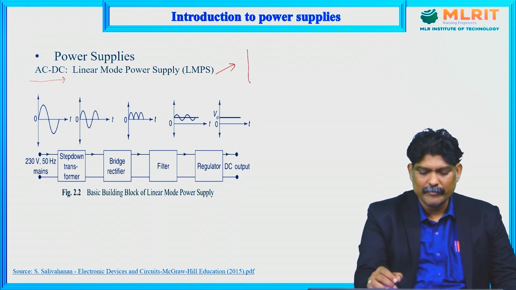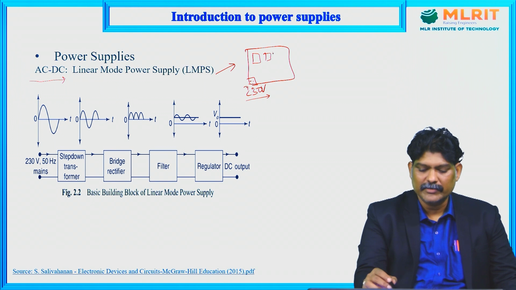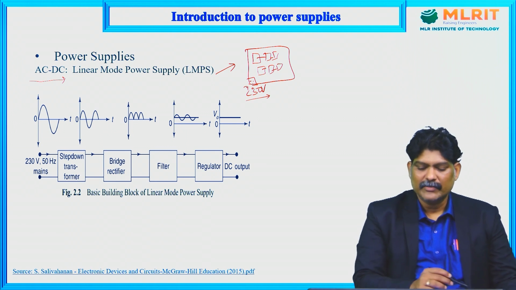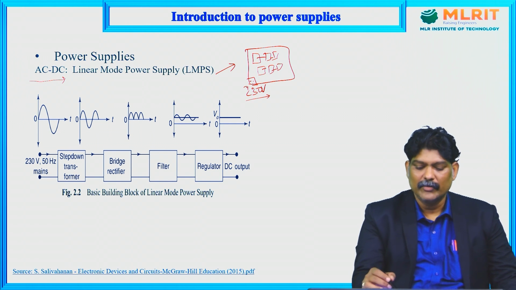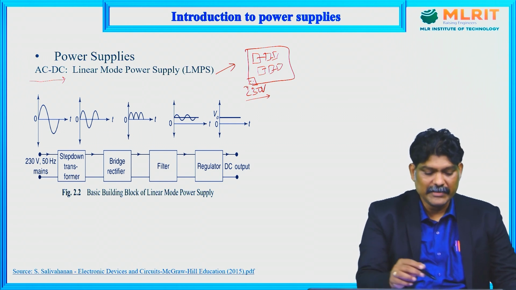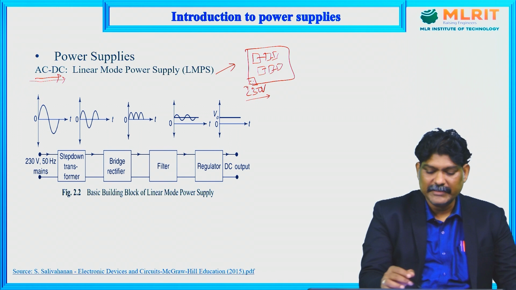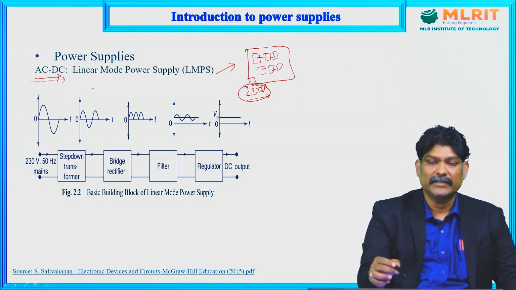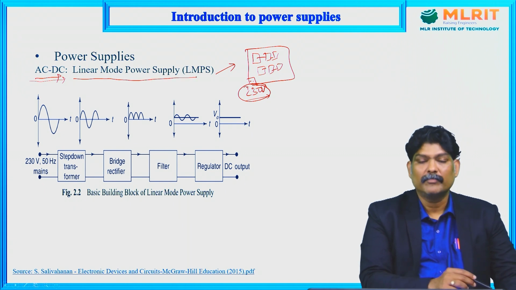If you consider a computer motherboard, the main power supply is 230 volts, but this 230 volts cannot be applied to each integrated circuit within the motherboard, because each circuit requires a smaller amount of DC supply. So we have to convert this 230 volts AC signal into the required DC level. That network is called a linear mode power supply.